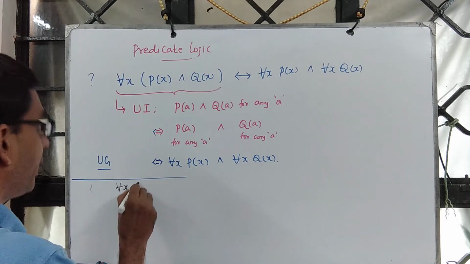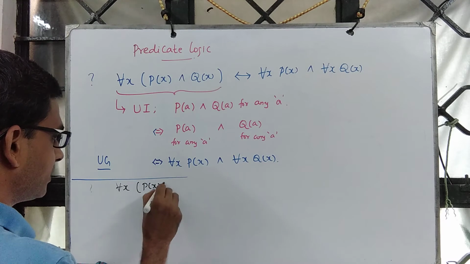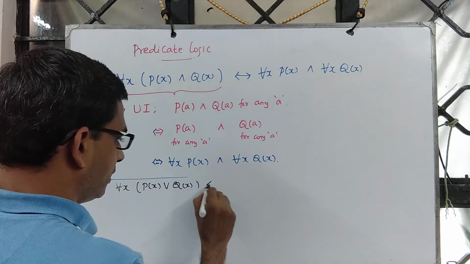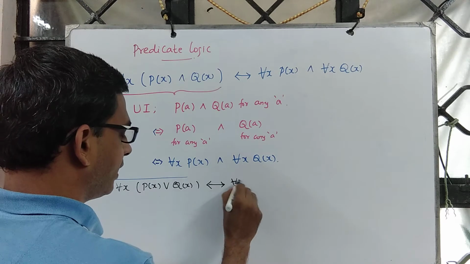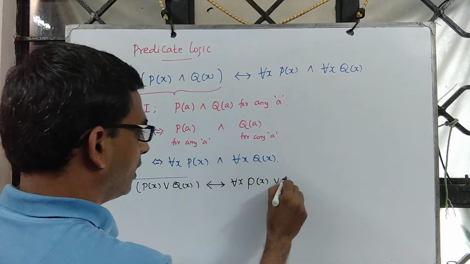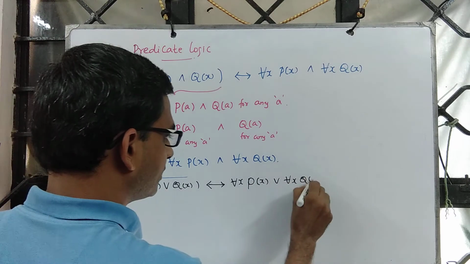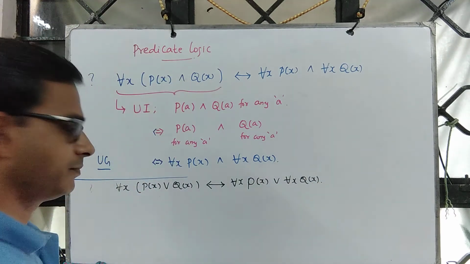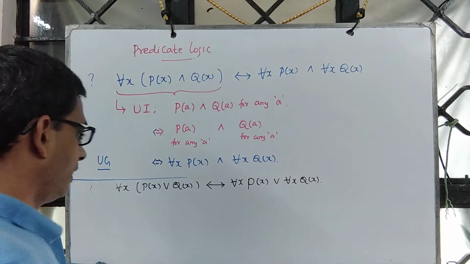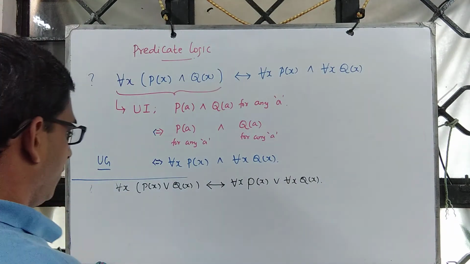Suppose we have for all x, p of x or q of x. Is this equivalent to saying for all x, p of x or for all x, q of x? Okay.